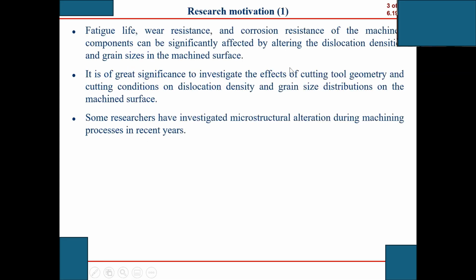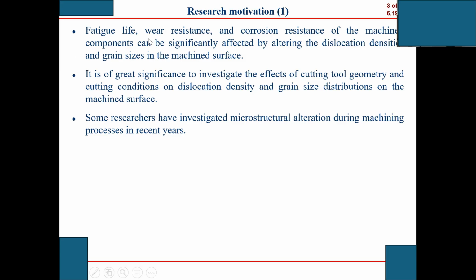So here is the research motivation. The fatigue, wear resistance and corrosion resistance of machine components matter in our daily life. Take all these tables: even though they are made of wood, you can look at the surface, right? The surface fatigue, wear resistance and corrosion resistance are very dependent on the machining processes.